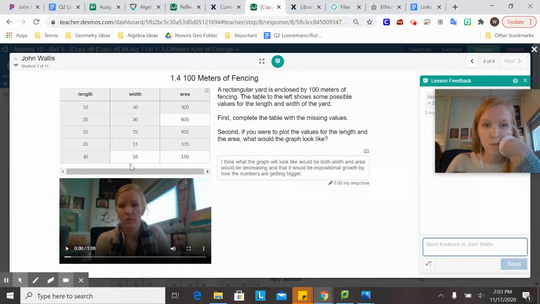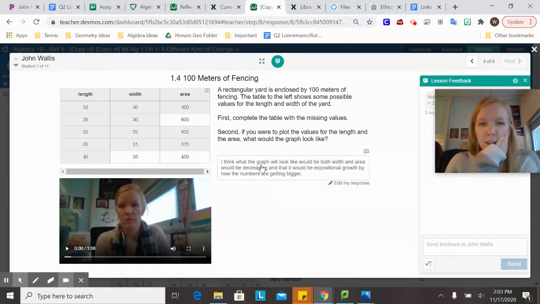Here, we had to find the width. Your length and width needed to add up to 50 this time because the whole perimeter is 100. So 40 plus 10 is 50. The only mistake is this 100. I should have done 40 times 10, and that should have been 400 in there. So that's the only mistake.